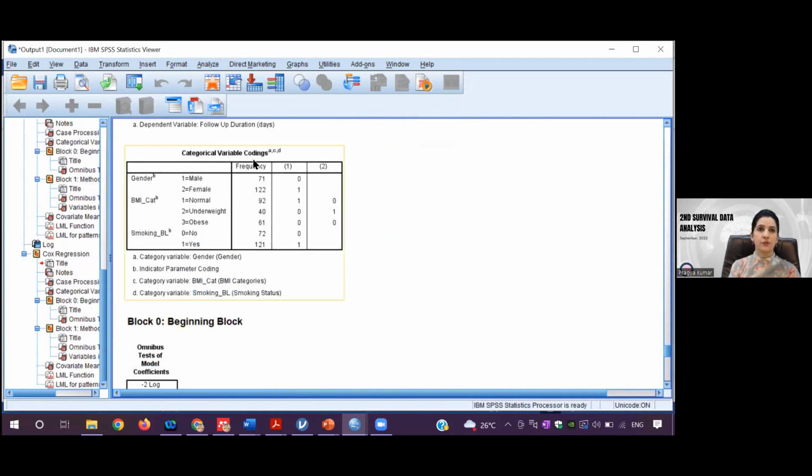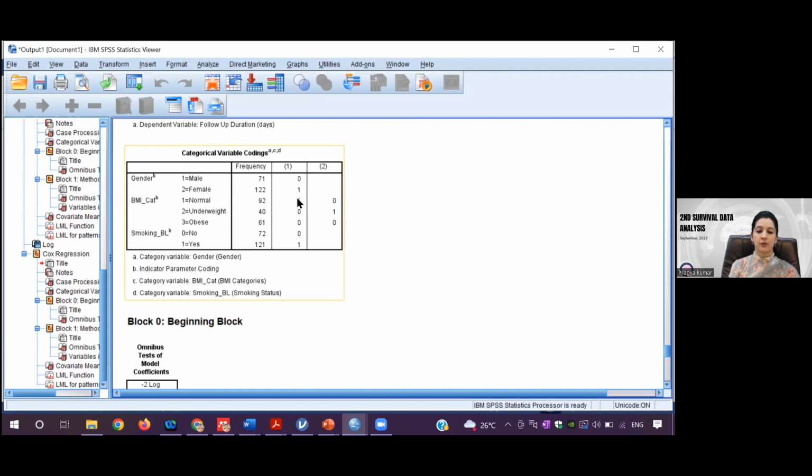This gives you the coding also. You can see that if you have forgotten the coding, in my coding it was 1 and 2, but it has coded it as 0 and 1. By default SPSS takes whatever comes first: it has taken male as 0 and female as 1.